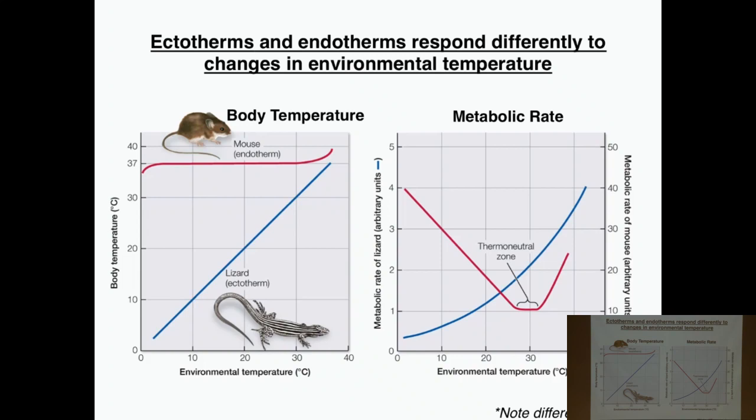And that's because the ectotherm is not spending metabolic energy on thermoregulation. It's using energy from the environment to regulate its body temperature. Or it's not regulating its body temperature very much, and it's allowing its body temperature to fluctuate along with the environmental temperature.